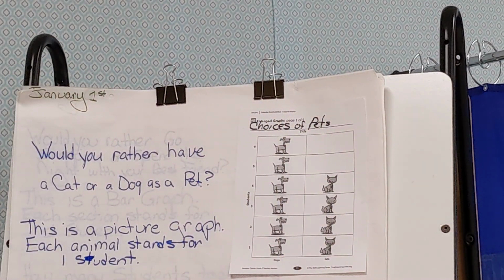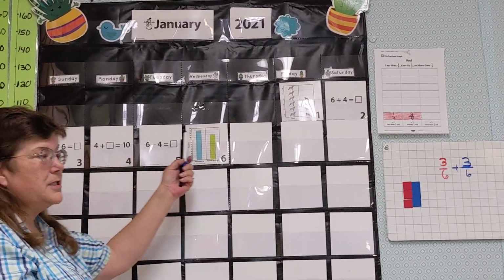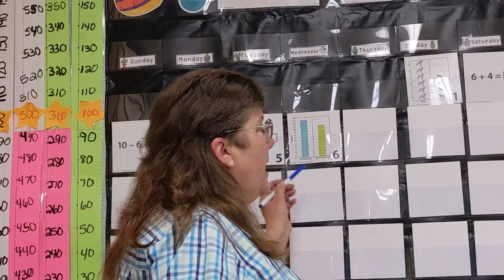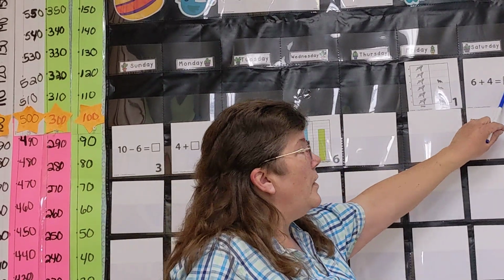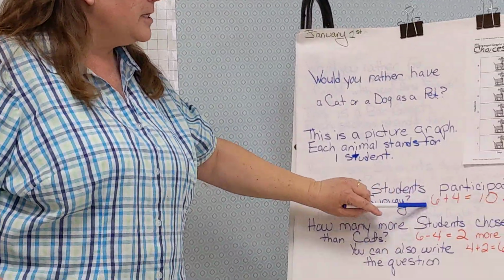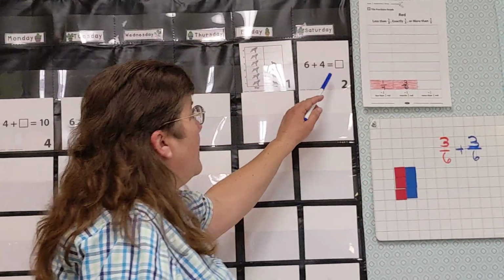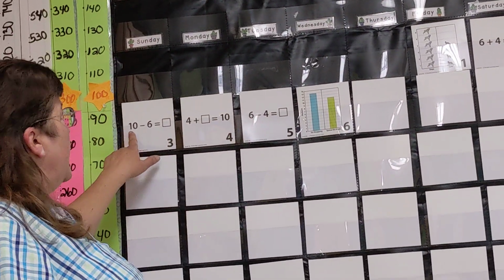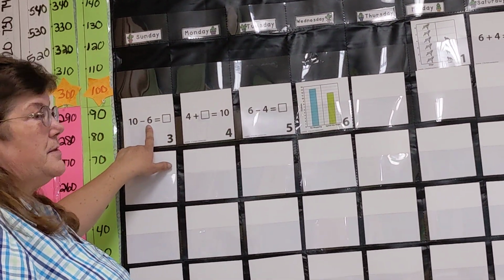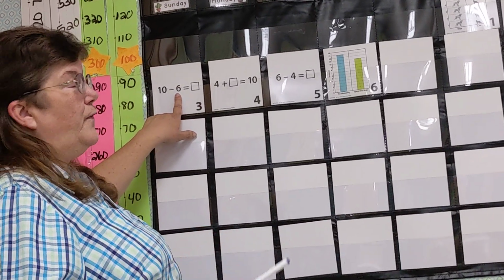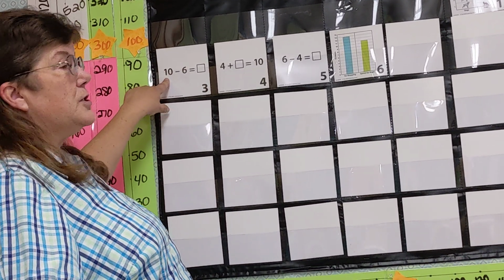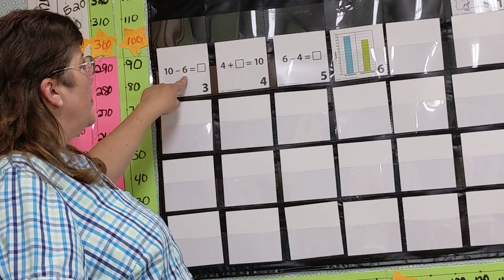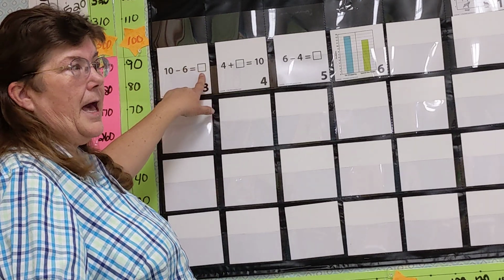Okay, now when you look at this, does it help to answer some of these? So we decided, look, 6 plus 4 equals 10. So it did. I'm not going to write on these cards. Our next one is 10 minus 6, which would equal 4. It would tell us that 10 students took the survey, 6 chose dogs, how many were cats?